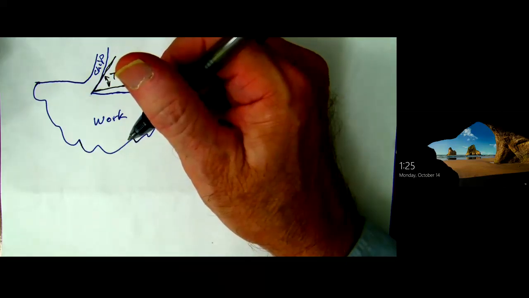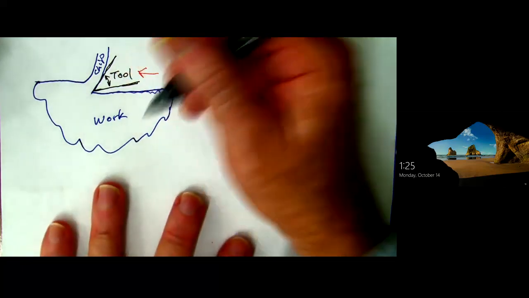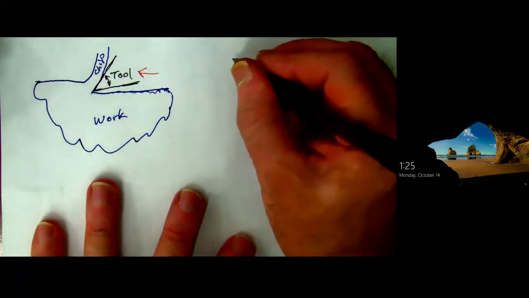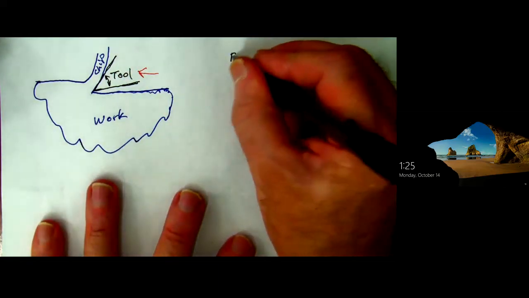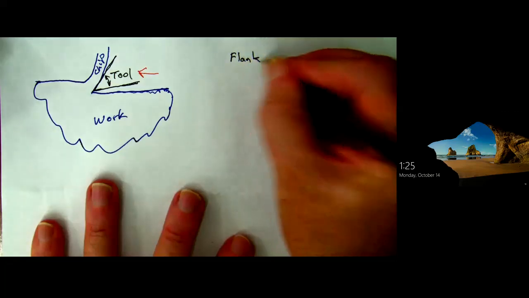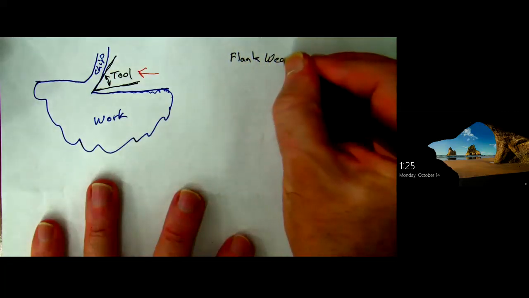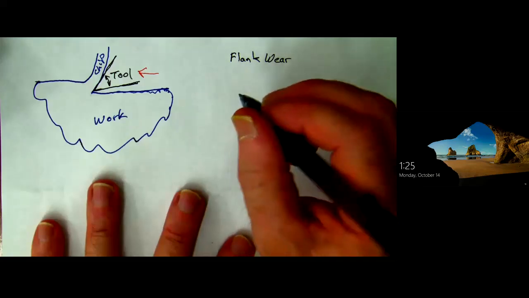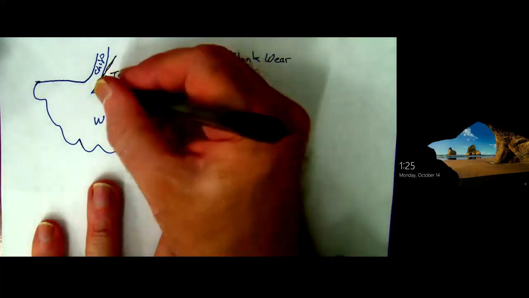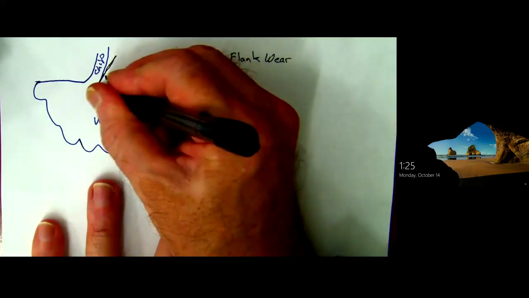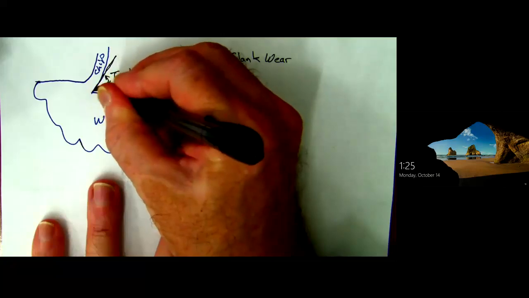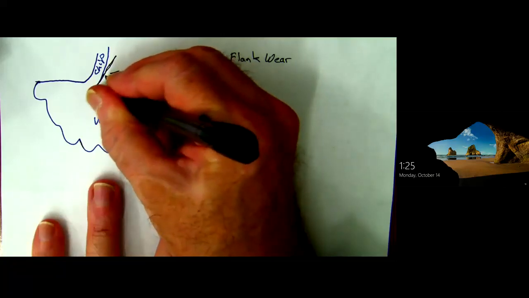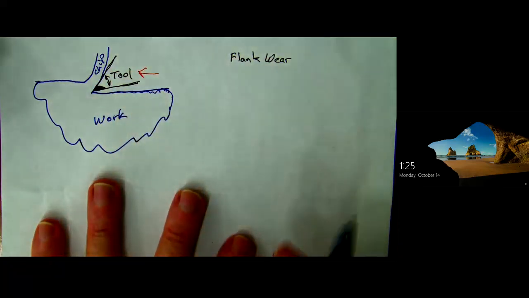Okay, so I'll get the wear in 3 parts. The first part, which tends to be the most important, is what I call flank wear. And this will be where, by working like this, I'm now greatly exaggerating, I'll have that happen to my tool.